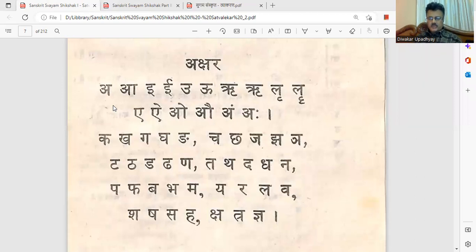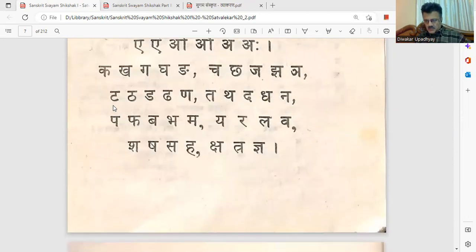So we can see the letters in Sanskrit are A, Aa, I, Ee, U, Oo, Ri, Rree, Lri, Lree, E, Ai, O, Au, Am, Ah.